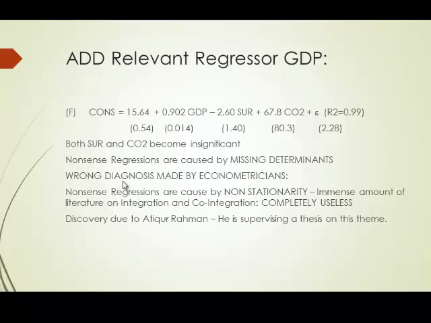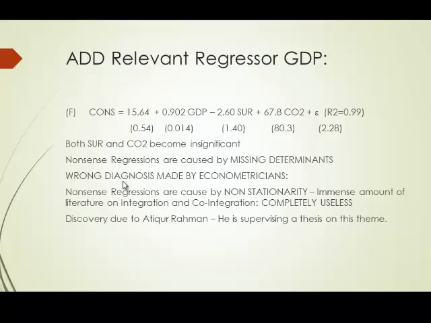So that's one thing. The other thing is that the integration property itself is something which cannot be easily established. So if you are saying the explanation for the nonsense regression is that both of these series are integrated, there's no proof of that. We don't know whether the consumption series of Nigeria is integrated or not. We cannot establish this, because the integration property can be established only for very large time series.